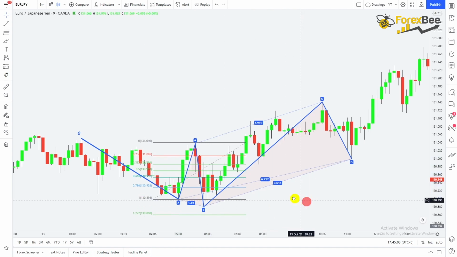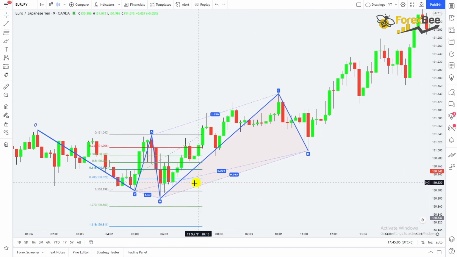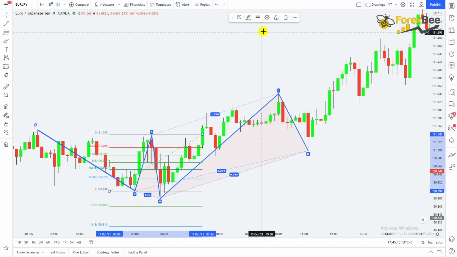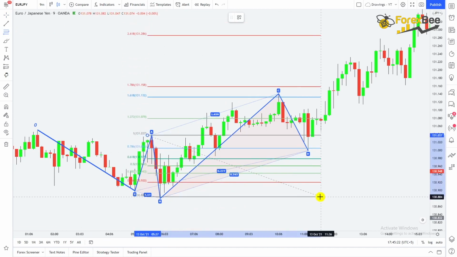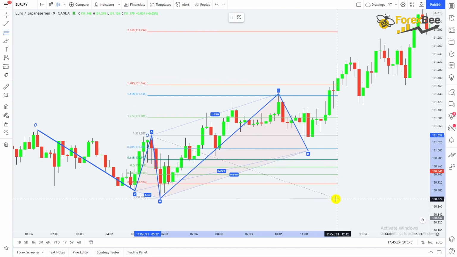Okay, and then the third rule said that BC wave must be between 1.618 to 2.24 retracement of AB wave. So let me just remove this and draw the Fibonacci here. If I draw from A to B, and let me just extend this so that you can understand.